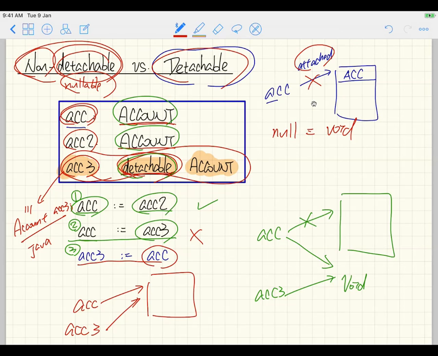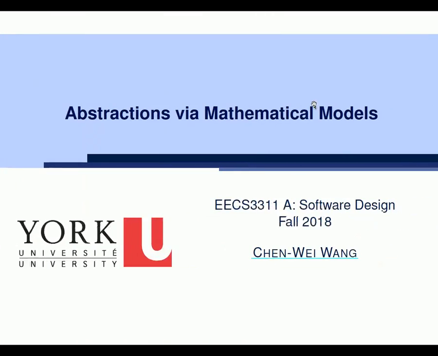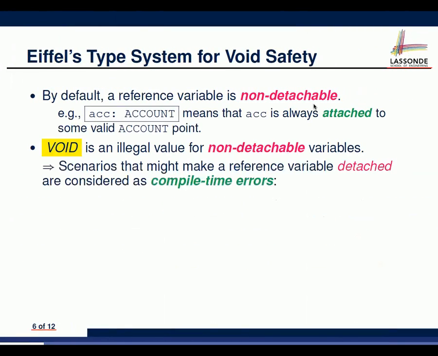It's part of the static type. Casting from detachable to non-detachable, you don't do that, it'd be too complicated. It's an orthogonal issue: on top of the inheritance we talked about, sometimes the variable is just detachable or attachable, right? Good.